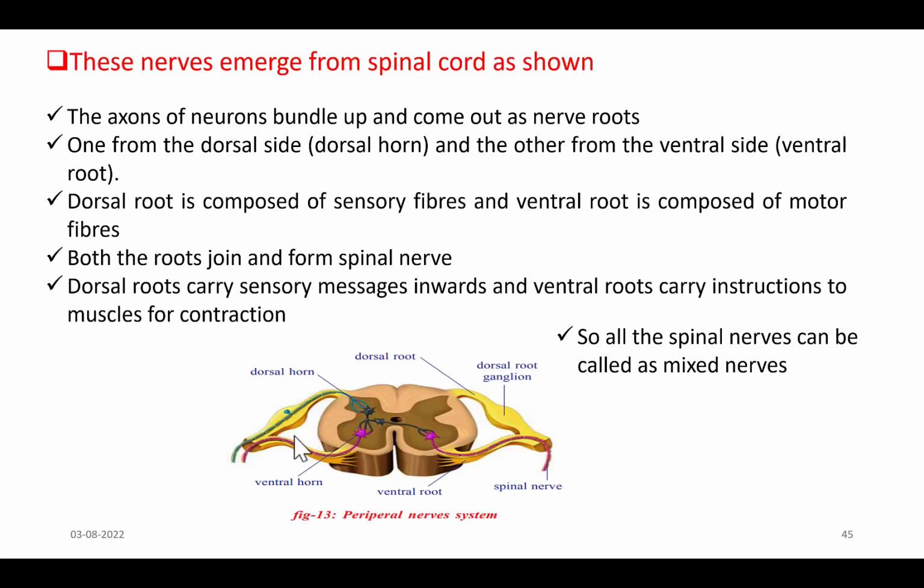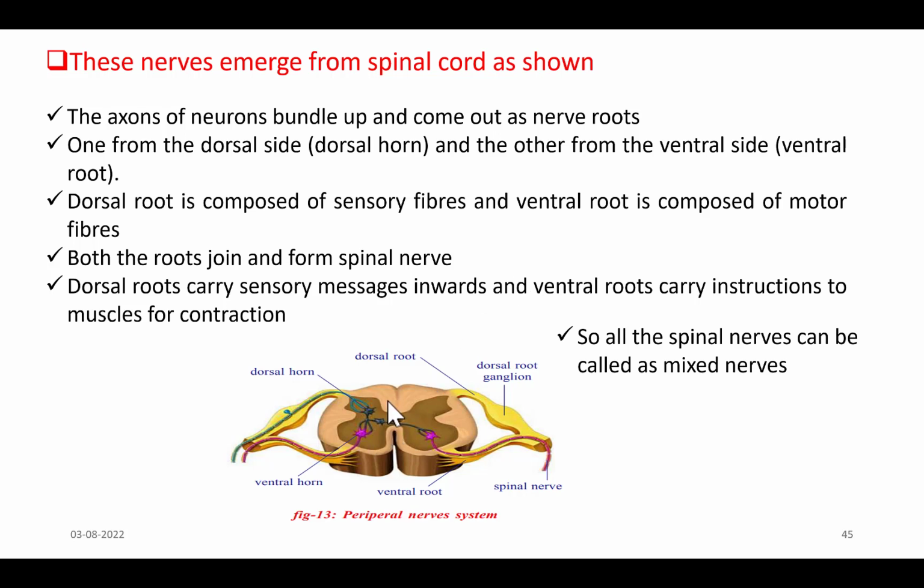Now let us see how these nerves come out from the spinal cord. So look at this picture. This is the transverse section of a spinal cord, and this is the dorsal side, that is the back side, and this is the front side. As I have already told you, unlike the brain, the grey matter is at the center and the white matter is at the periphery. Grey matter is nothing but cell bodies.